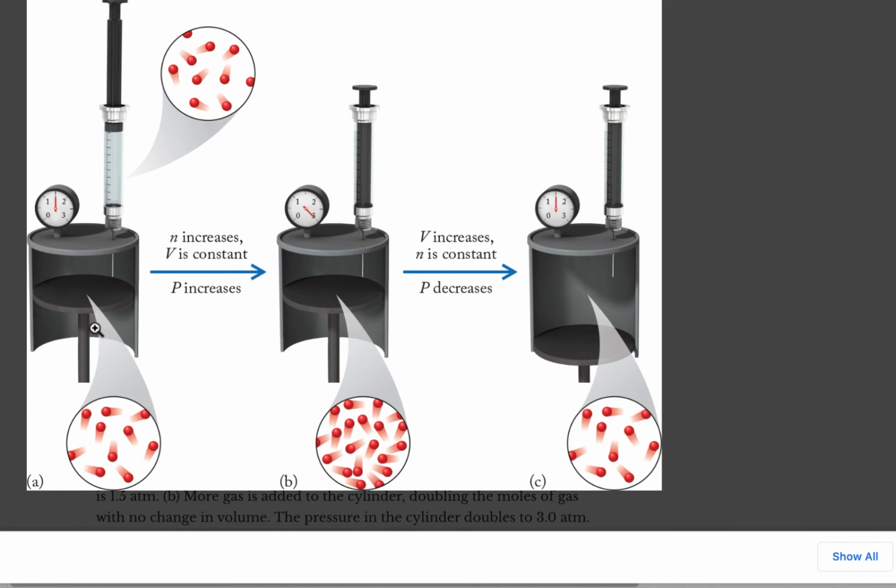We're going to skip over this middle one and go to the right-hand side. We've given our particles more space. We have increased our volume, but kept our number of particles the same. So now our pressure decreases because our particles have a further distance to go before they hit one of the boundaries. And so they're having fewer collisions with our outer area, which means less force.